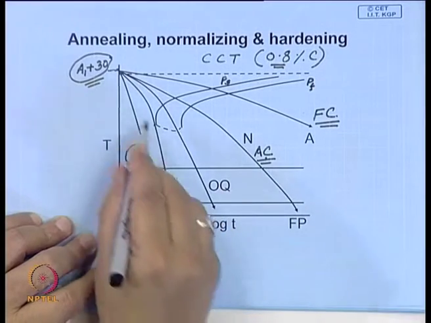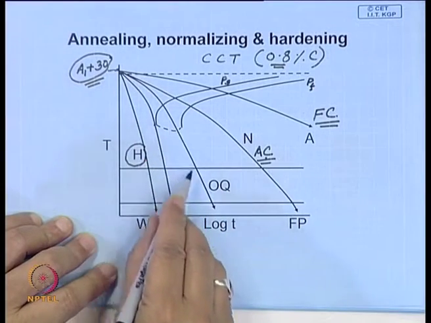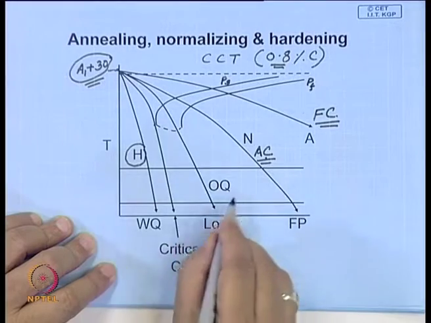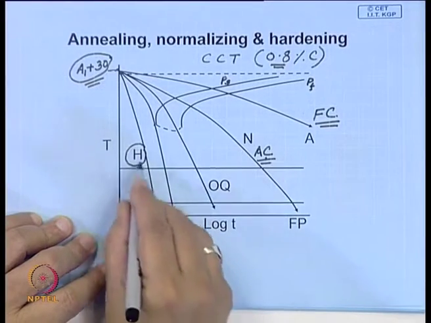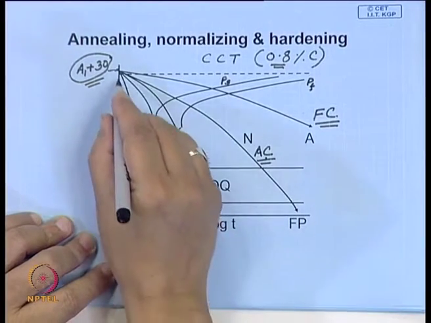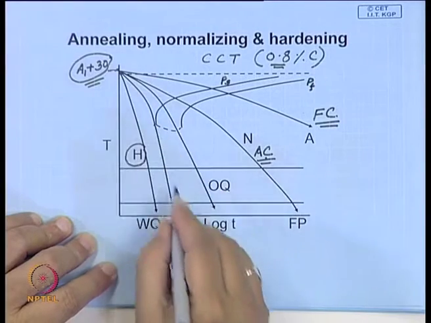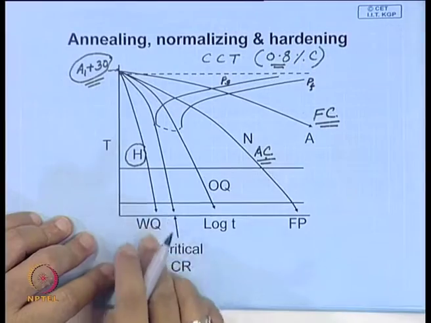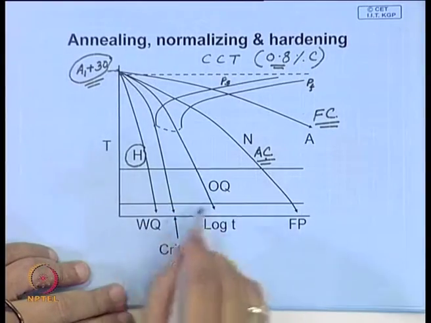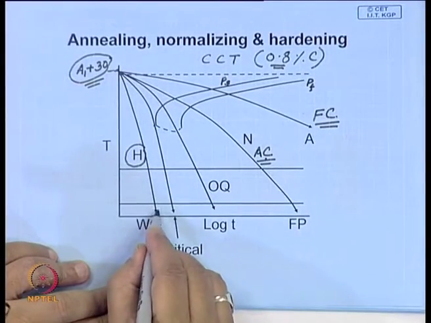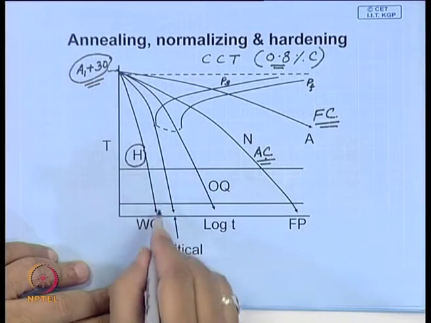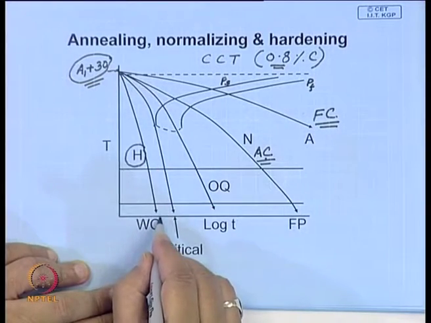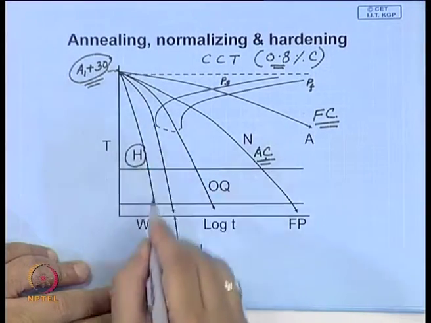Now, if you adopt another method of quenching, say suppose you oil quench, maybe this is the cooling curve somewhere here. And mind you, we will come later to what determines the rate at which you will be able to cool a job. But nevertheless, what is important, to get a hardened structure, your cooling rate must be greater than the critical cooling rate.